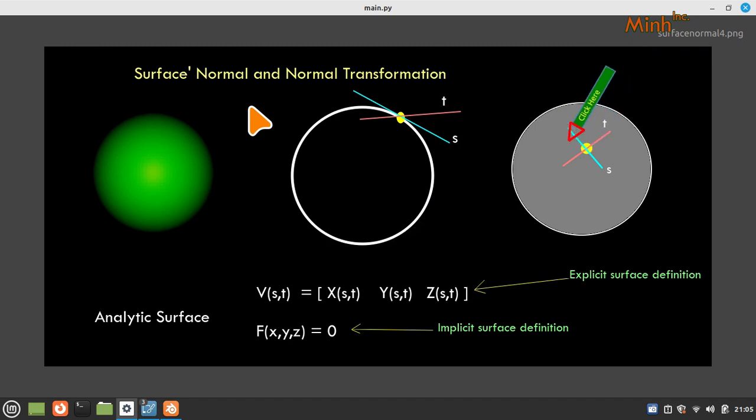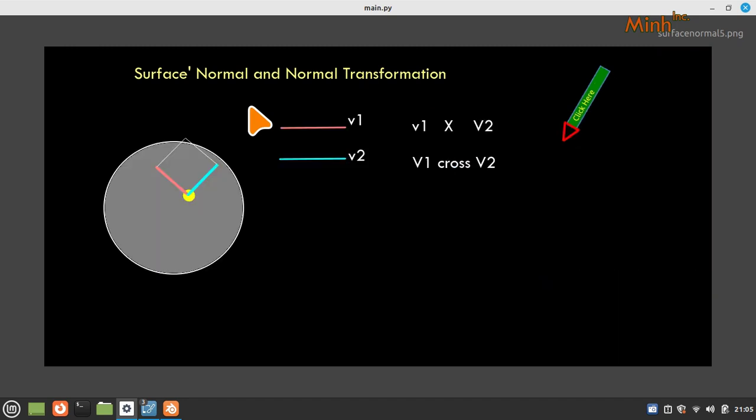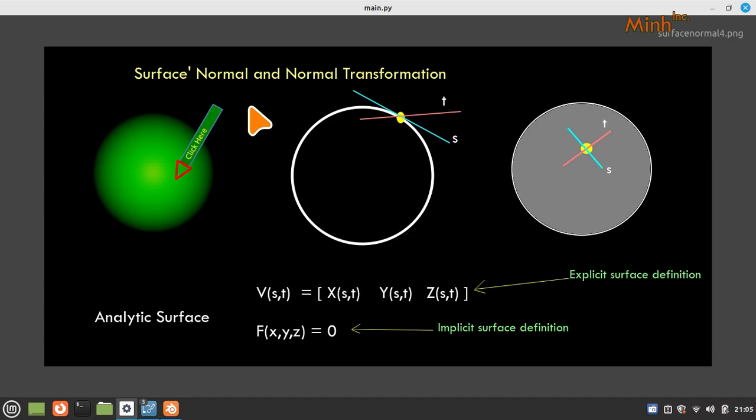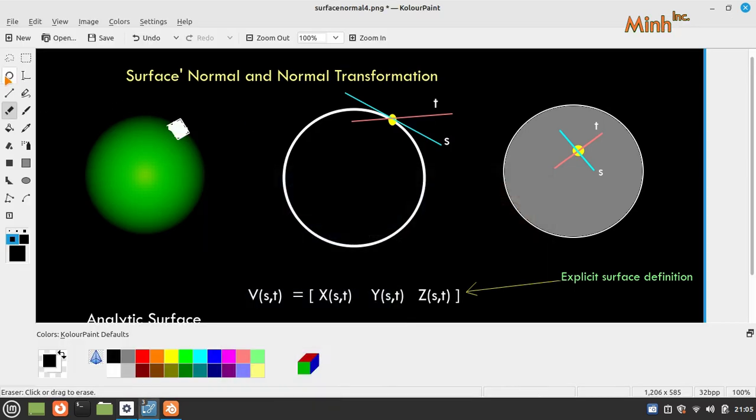This corresponds to two vectors, and two vectors correspond to a surface. I can draw a surface like this. This is nothing but a surface exactly sitting on the sphere in the 3D diagram.